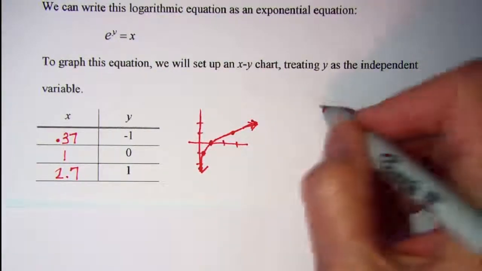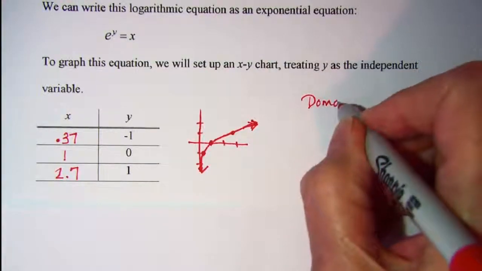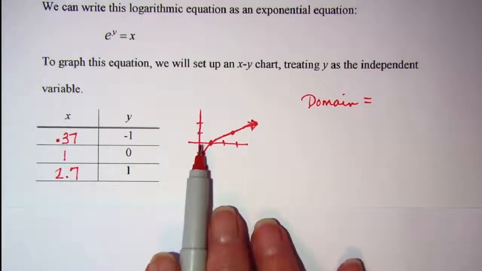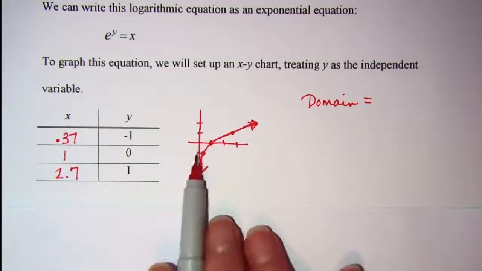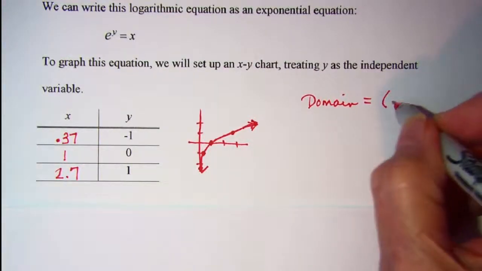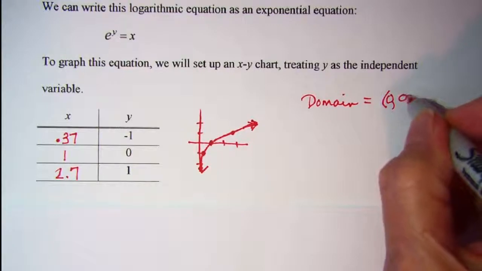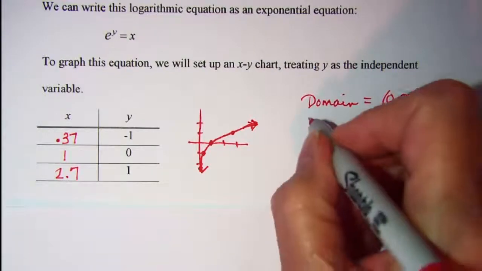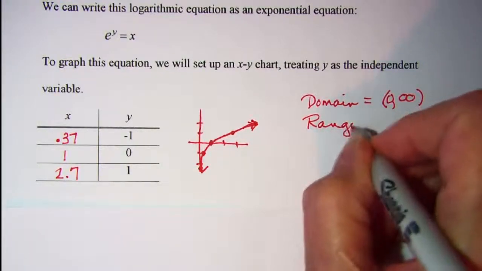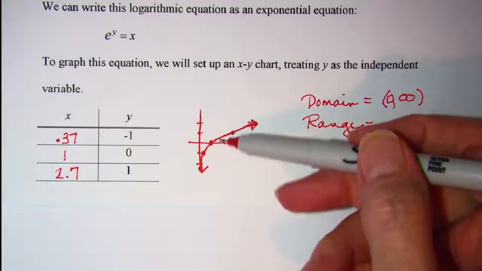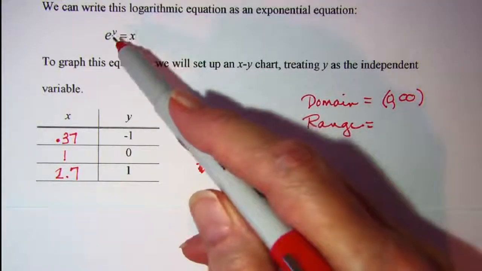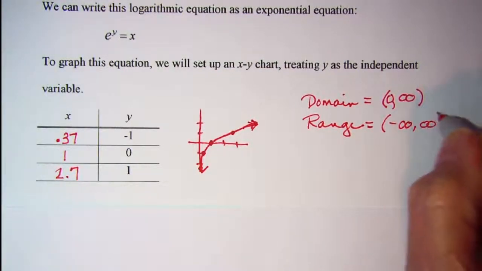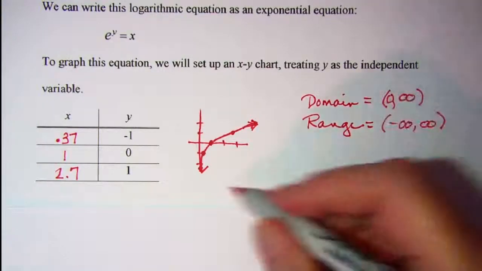y-axis. So our domain is x values from 0 to infinity, and again, don't include the 0. The range: we can have any number for our y as our exponent, so that's going to be all real numbers. The function is continuous.